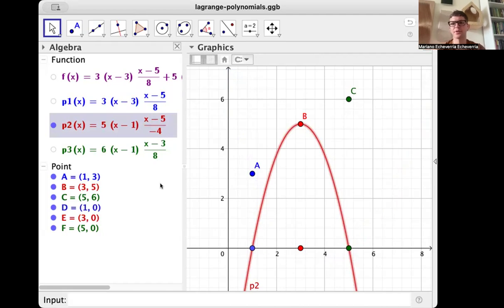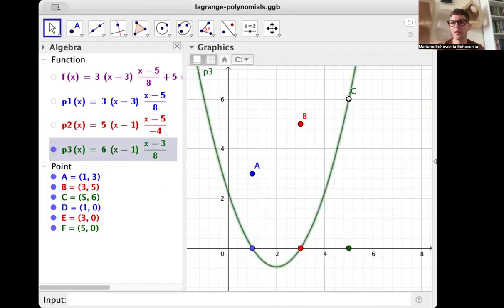And similarly for the last one, you find a polynomial that passes through the third point, the green one, and at the x values of the blue and the red points, it is zero. Okay, so it's zero at all the points except one, and at that one it passes through that particular point.